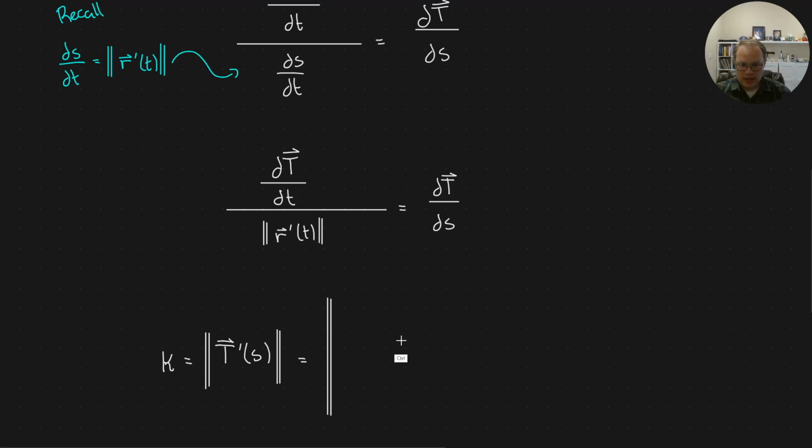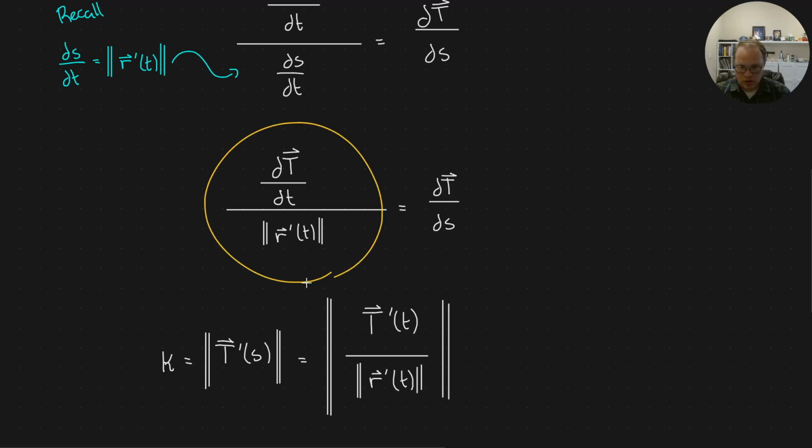And dT/dt would be the derivative of the unit tangent vector with respect to t. Again, just going back to the prime notation. Divided by the norm of r prime of t. Okay, I literally just plug this in here in between the two norms. Okay, since that's what we need.